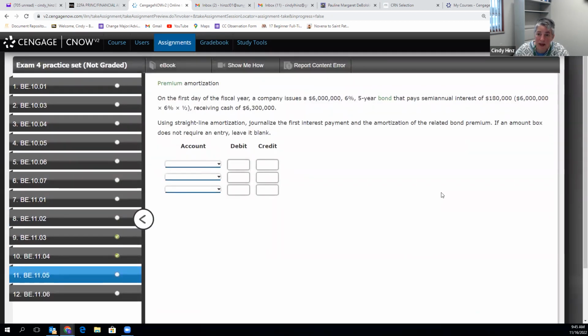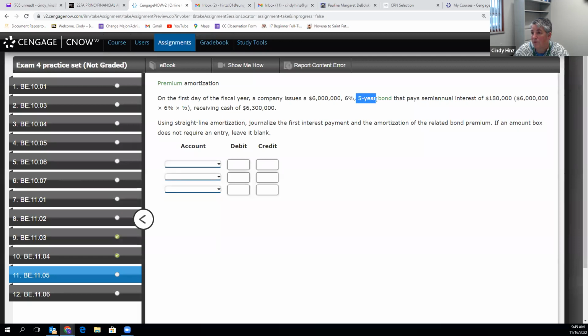And so when we did exercise 9, I kind of alluded to what this would look like. On the first day of the fiscal year, a company issues a $6 million, 6% 5-year bond. So this is the same bond that we just recorded the issuance of in exercise 10. We have a premium we already recognized in exercise 10. The premium is $300,000.